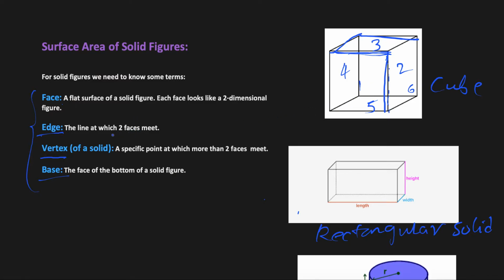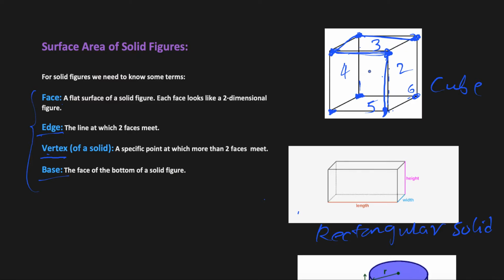Cool. The next term is called a vertex. A vertex is nothing but these points where more than two faces meet. For example, at this point, we have this face, then this face, then the one behind the front face.